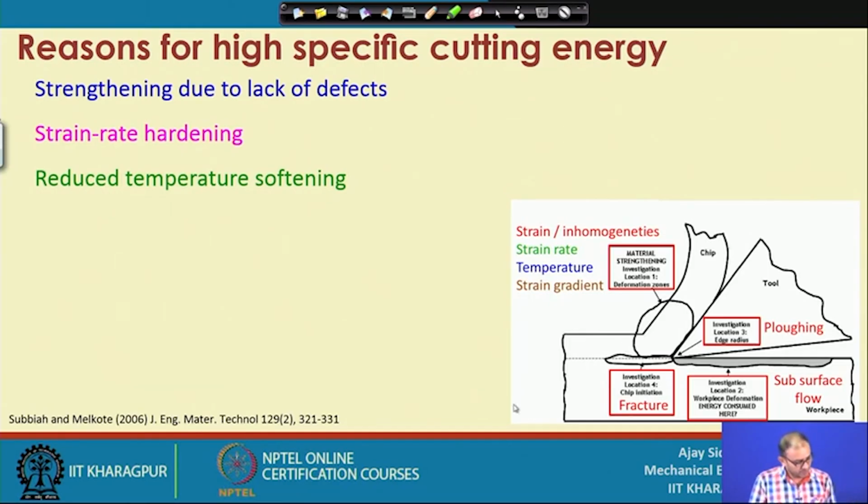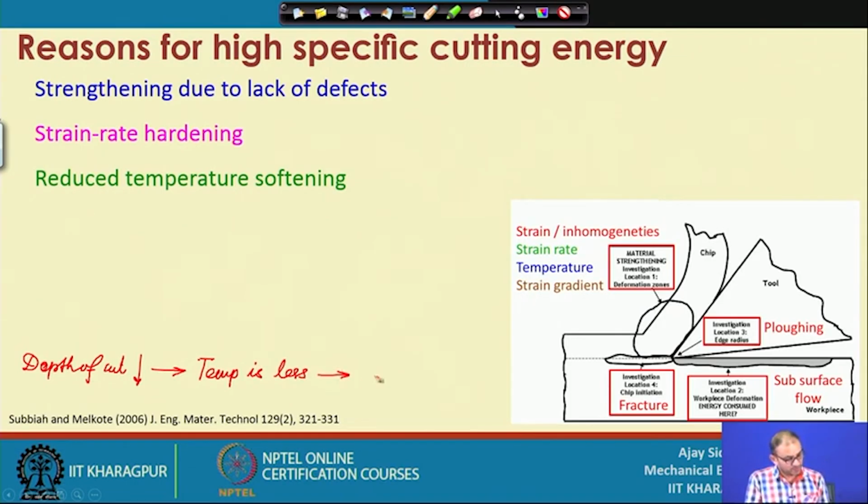So, when you reduce the cutting edge, the material removed is small, the depth of cut is small, and because of that the temperature is also less. Temperature is less and then temperature softening is not happening.